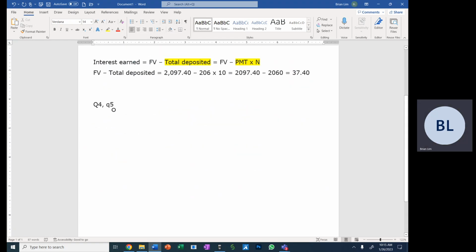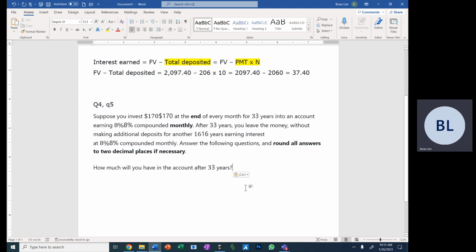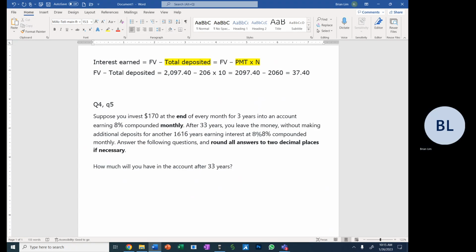There was number 4, so now we have number 5. We have a little bit of a problem here, so let's delete that. That should be 3 years, not 33 years, and this here is just 8%.